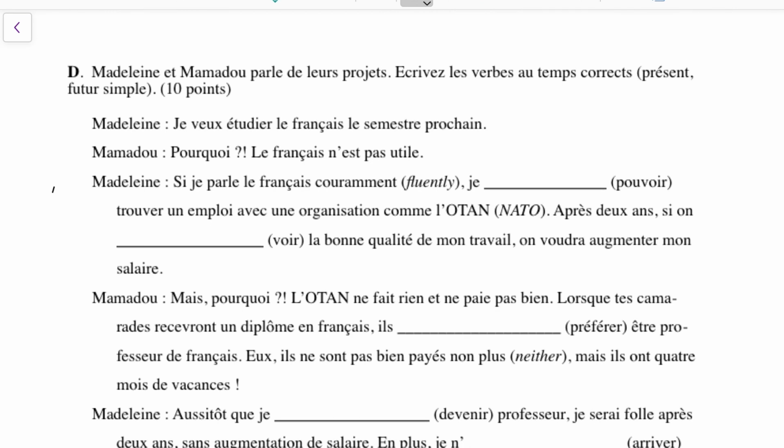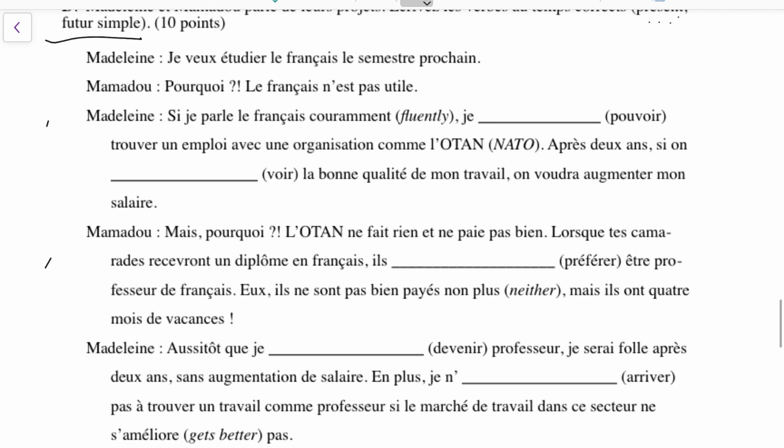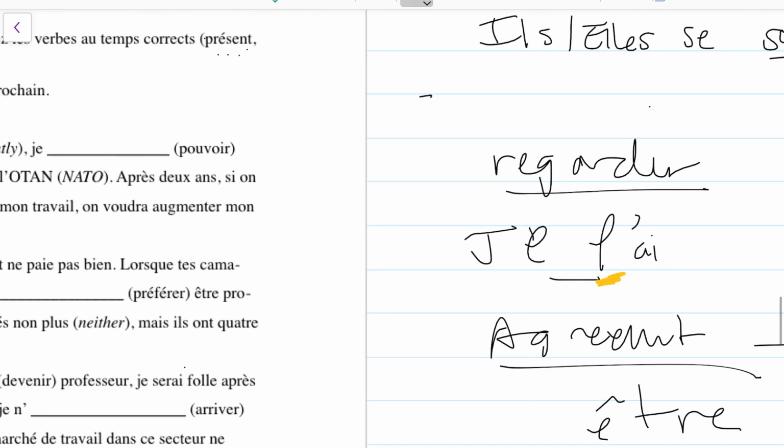The next one is using a lot of the futur simple. So here's the deal. You may have some present in there as well. You have a dialogue or a paragraph, and you have to figure out which tense you are using in the blank. Are you using futur simple or are you using present?